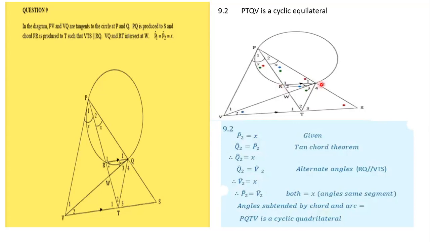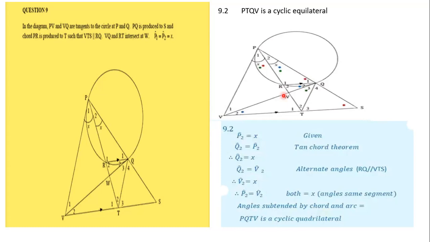You can just say that and you're going to get your marks. Either you say just tan chord theorem, which is simple, or you can elaborate more: the angle between the tangent VQ and the chord RQ. Then you're done.